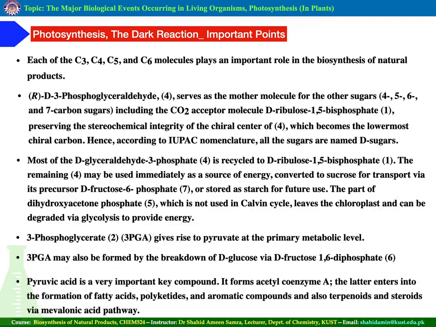Pyruvic acid itself is a very important key compound. It forms acetyl coenzyme A that enters into the formation of fatty acids, polyketides, and aromatic compounds, and also terpenoids and steroids via the mevalonic acid pathway.